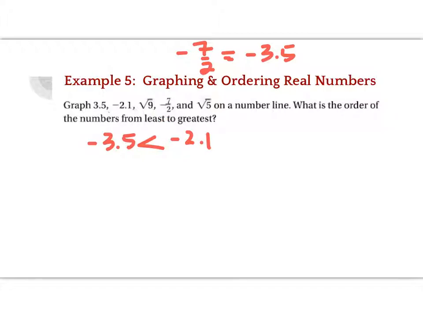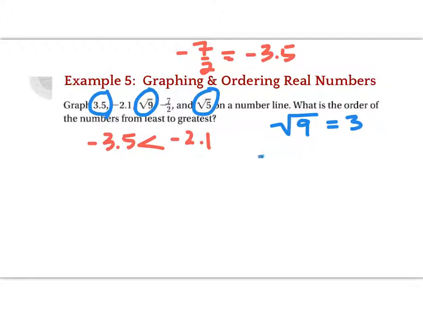Next, we want to compare the positive numbers. So we look at positive 3.5, the square root of 9, and the square root of 5. The square root of 9 is 3.